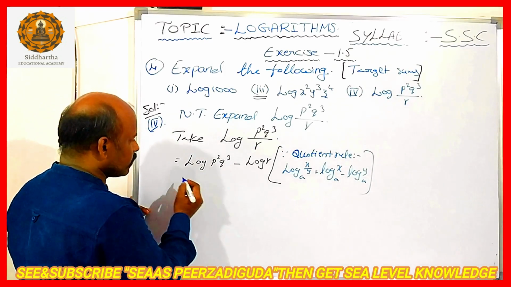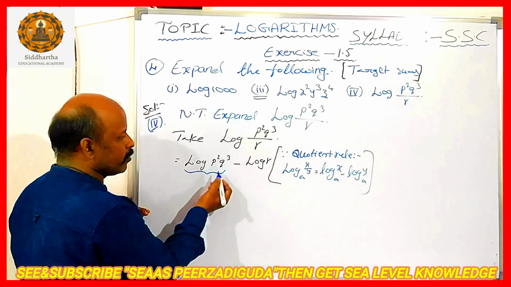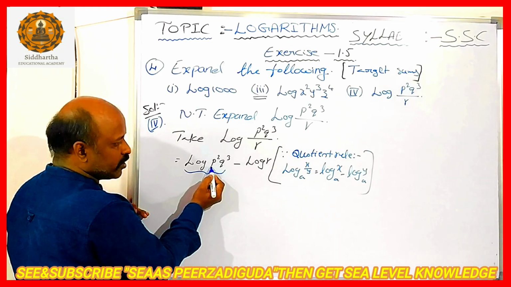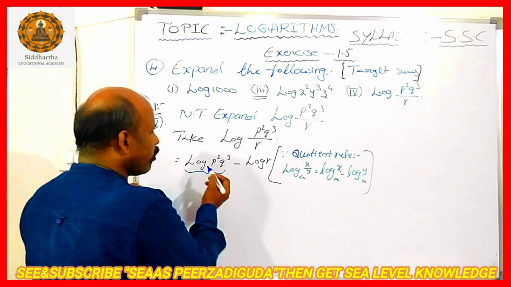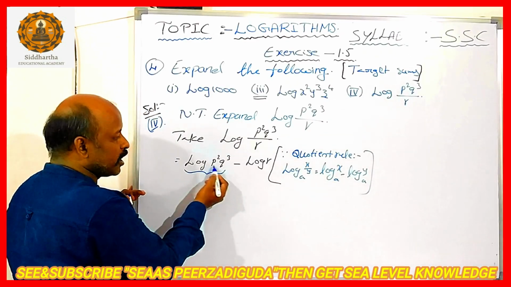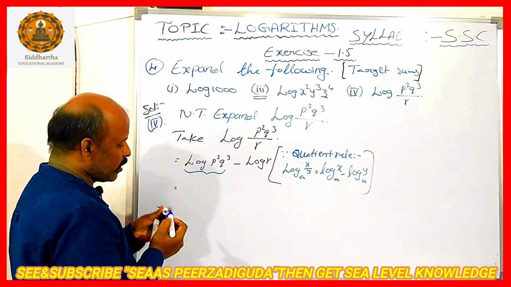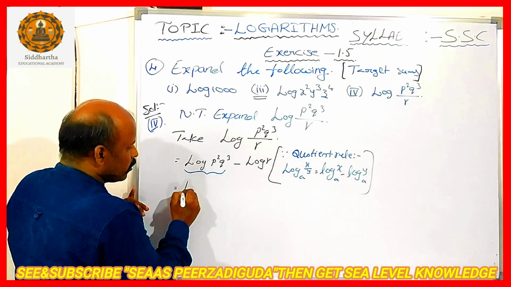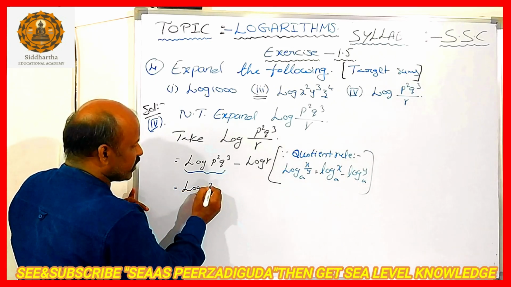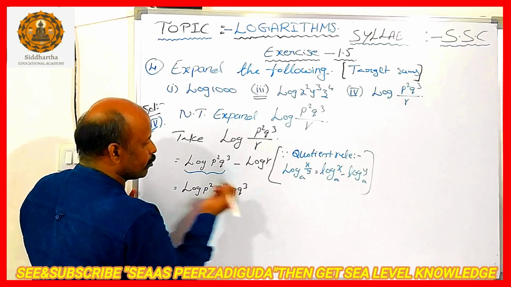After that, when we are observing log p square into q cube, p square you think of as a, q cube you think of as b. Log ab, we have one formula like log xy. This one again I am going to write in log a plus log b form: log p square plus log q cube.